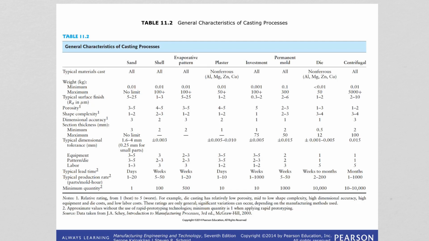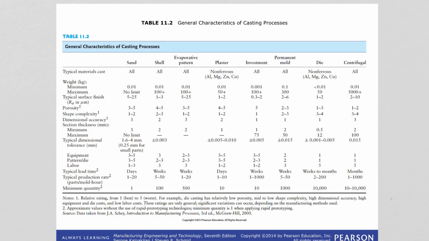In this table again, all of these casting processes we're going to learn are compared in terms of the typical materials that can be cast. You can see nearly all of them can cast all types of metals. So what are the weight limits, minimum and maximum, that they can produce?